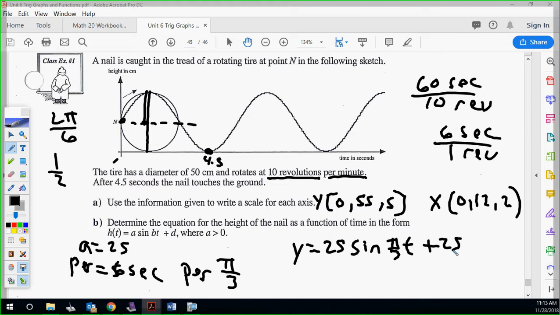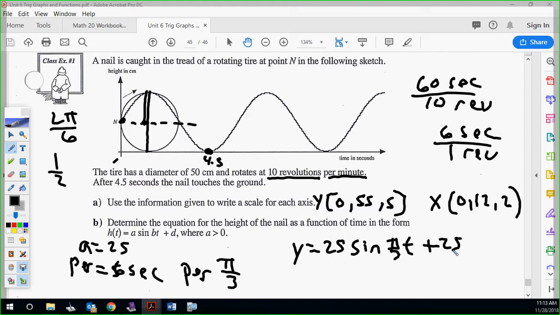That's sine of 0. What's sine at 0? 0. What's 0 times 25? 0. Plus 25. So it puts me where I'm supposed to be. You check to make sure you're at the right location. And then it's going to go like this from there, because we can still get sine of -1 with the pi over 3. Just keep that in mind.